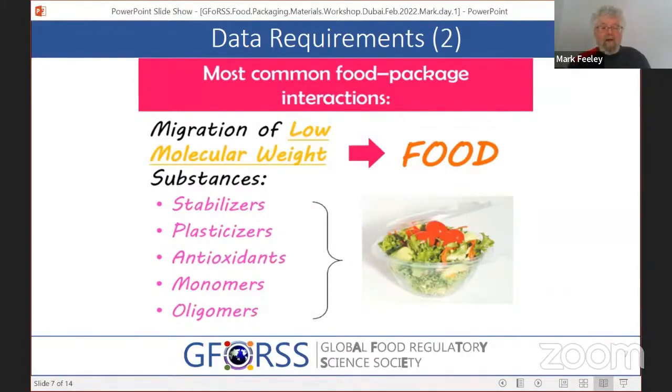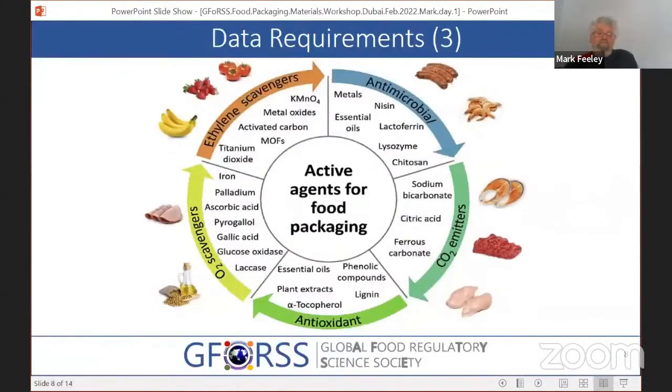However, now what we're seeing is part of the evolution of food packaging materials. If we go to the next slide, I think the food packaging industry is starting to skirt the rules of non-intentionally added substances, where chemicals are being added to packaging materials that act as antioxidants for the food that's being packaged.